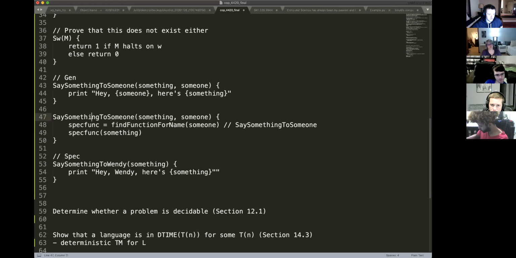Right. The only thing is with the second one, we're assuming that we have a whole bunch of functions. Right. That's very important what you said. We don't have to assume that because the problem says that. It says, quite literally, and I quote, we say that such a problem is decidable for every W. So basically they're saying that for any someone that you provide to say something to someone, there's going to be a specialized say something to someone, so say something to Wendy, and say something to Mark, and so on and so forth function.